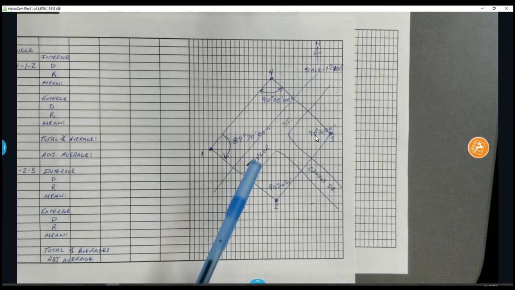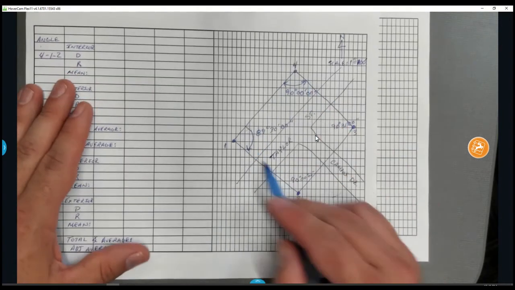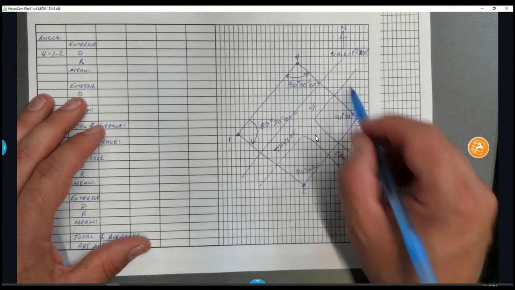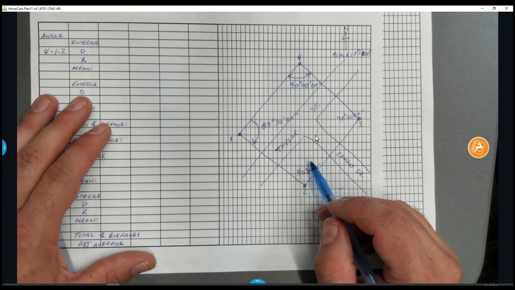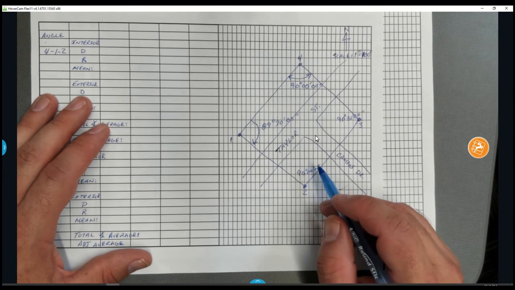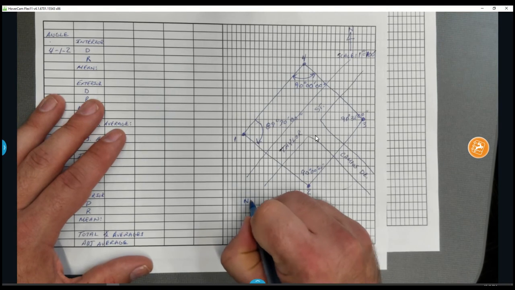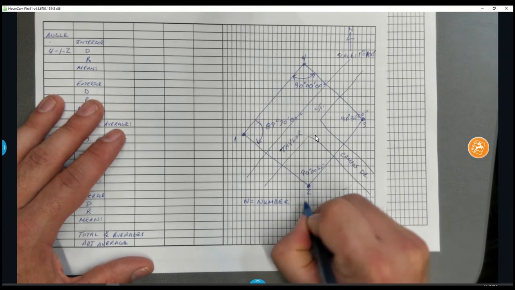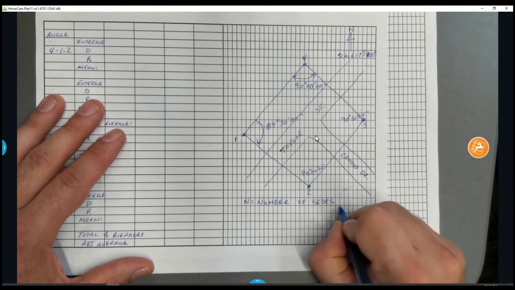Now there's another thing we have to do here. After we average all our angles, these are my averaged angles after I get done. I can figure out what the closed figure needs to be by using n minus 2 times 180. So what's n? n is the number of sides of the figure.